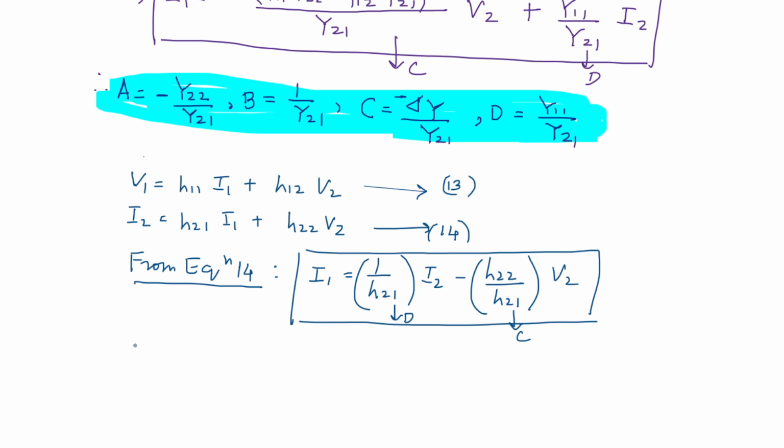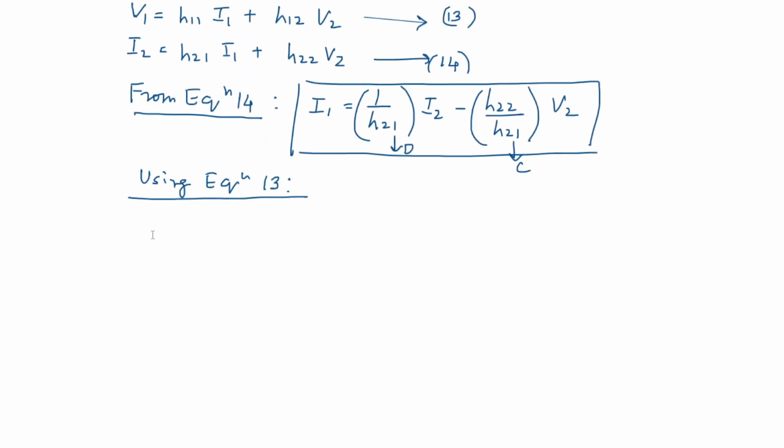With this we can get, using equation 13, V1 is equal to H11. Now you substitute I1 is equal to this value, 1 by H21 I2 minus H22 by H21 V2 plus H12 V2.